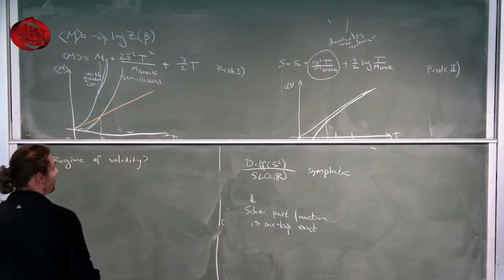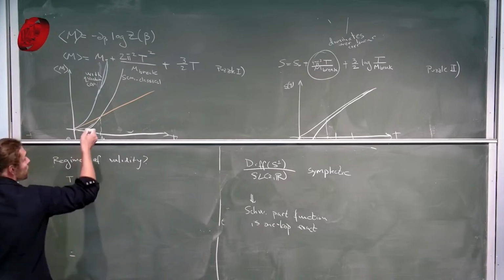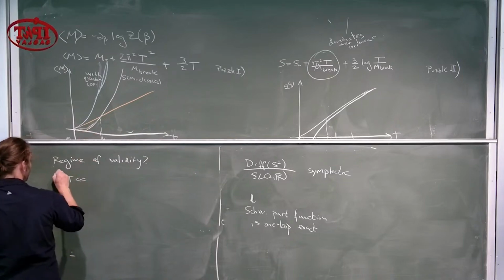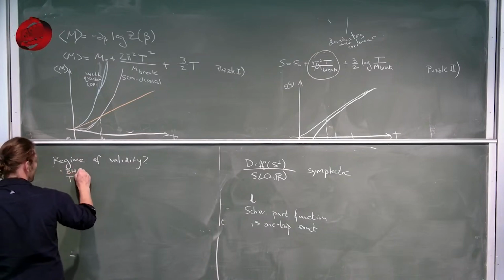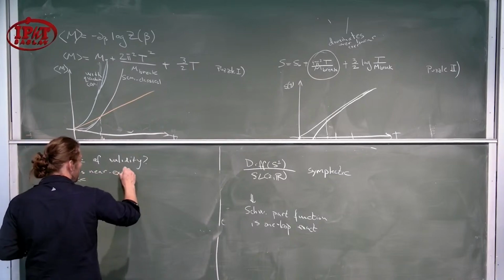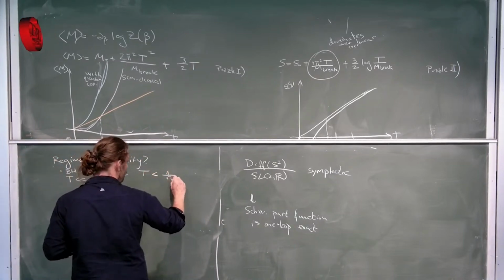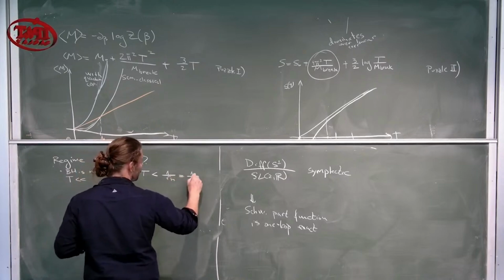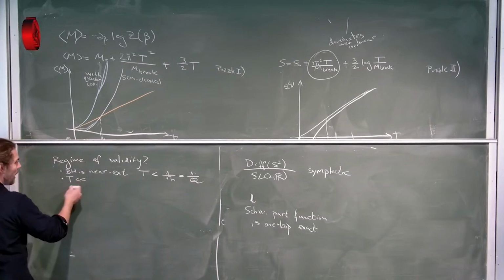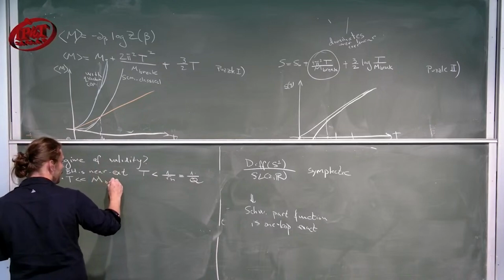So the regime of validity for these formulas is when the black hole is near extremal, which means that the temperature is smaller than 1 over RH, which is equal to 1 over Q. It's still valid when the temperature is smaller than this other scale, M breakdown.